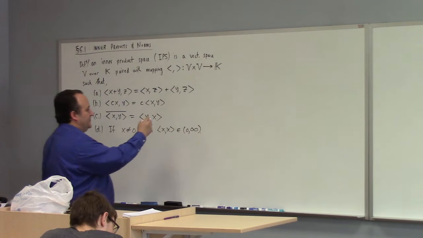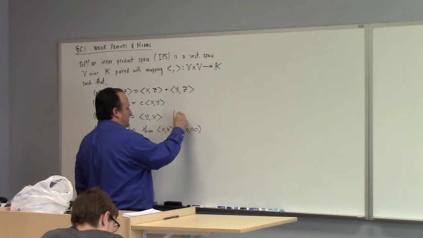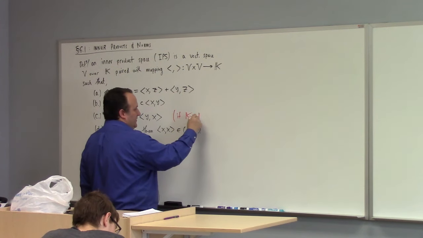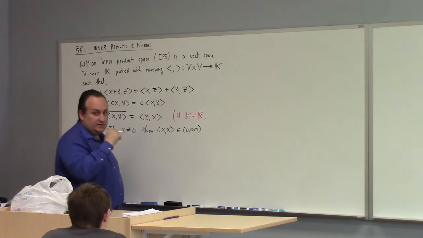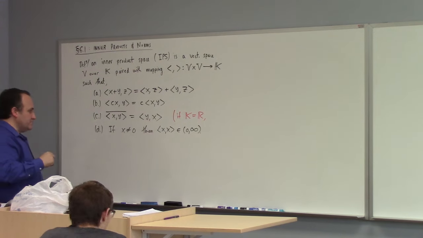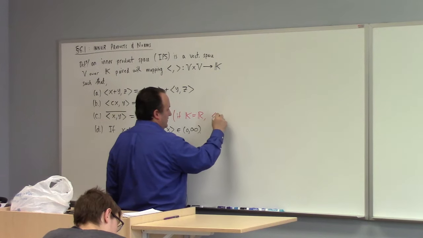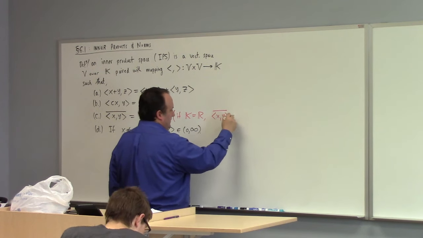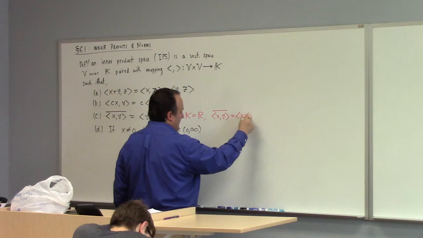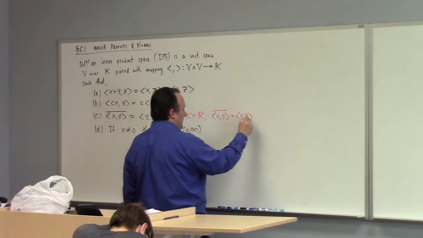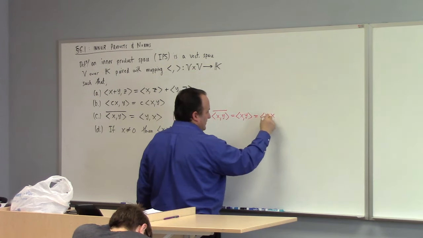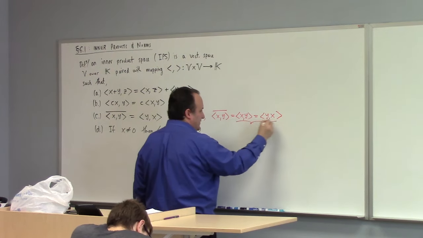So, this should be understood if K is equal to R or some other subfield which is real, then the complex conjugate is just equal to the thing again, and that's equal to yx. So this property is called symmetry.